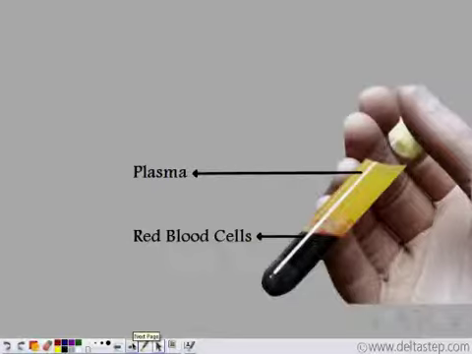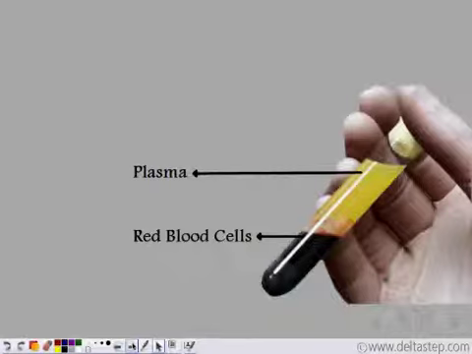Blood can be separated into two parts. The upper yellow fluid that you can see is known as the plasma, and this part that sediments below is known as the formed element. Now see, it has a dark red color because of the presence of red blood cells.